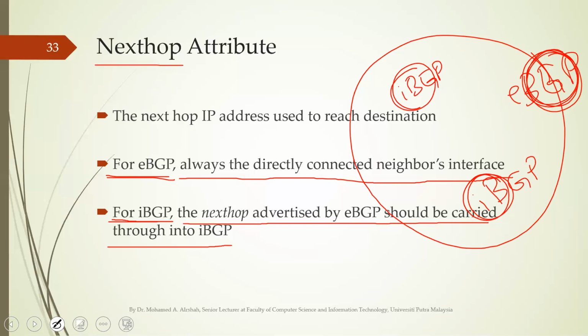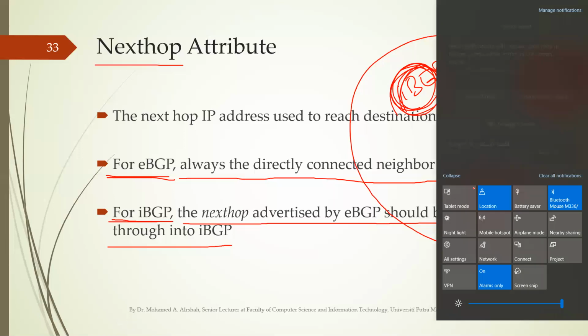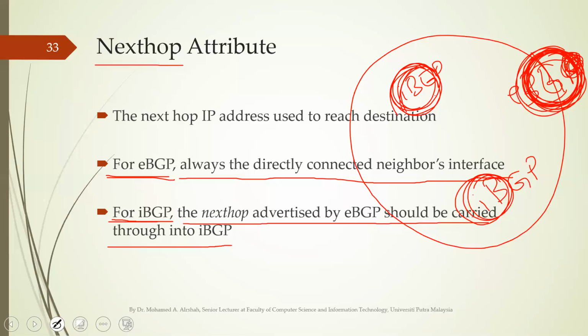So we already explained the next hop of the eBGP. It is the next physical interface connected directly to this router. For the iBGP, the next hop is also the next hop recorded by the exterior BGP. So these two will use the same next hop that's used by the eBGP.